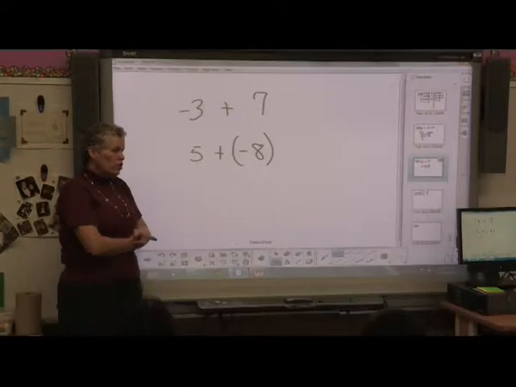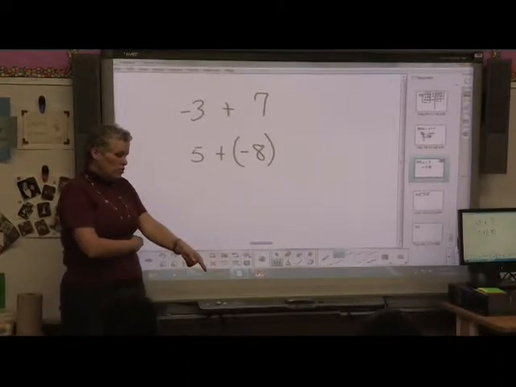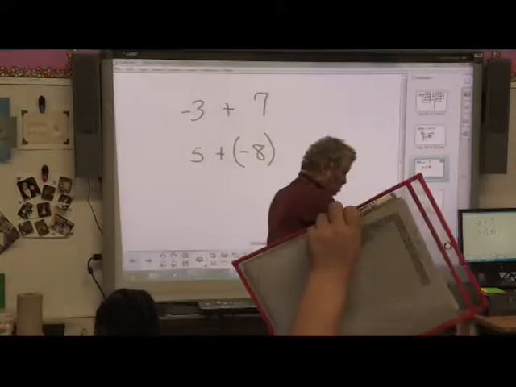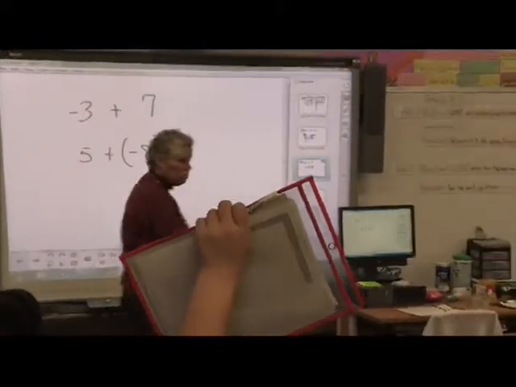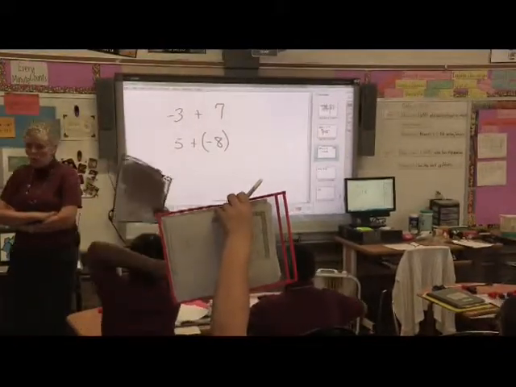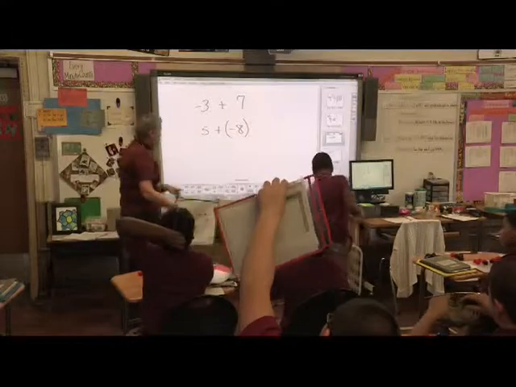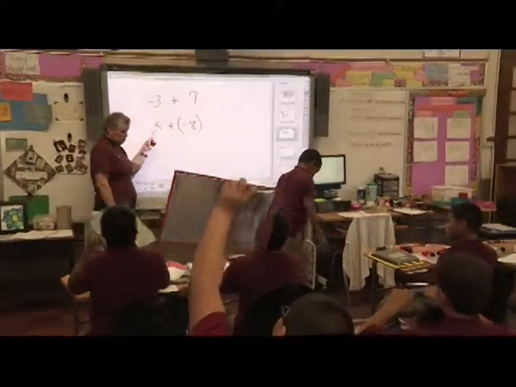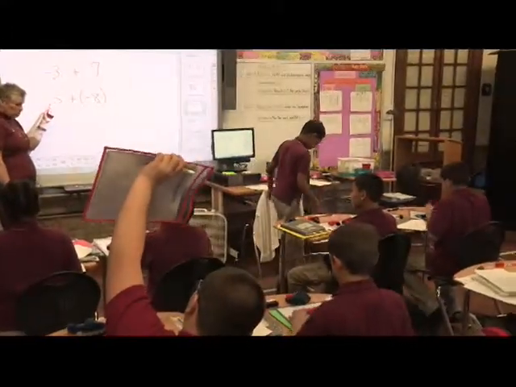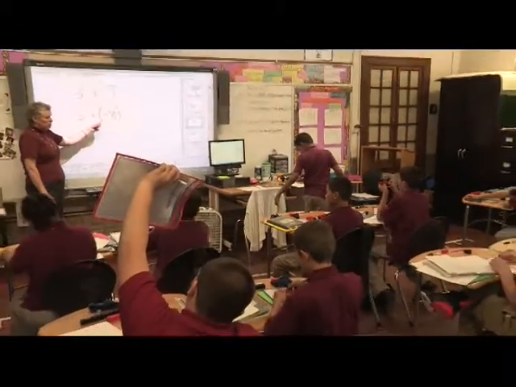So remember, you're going to start at 0. Very good. 0 is right here. Double check on your number line and see if you get the same answer. So this says go forward 5. And this says go backwards 8.